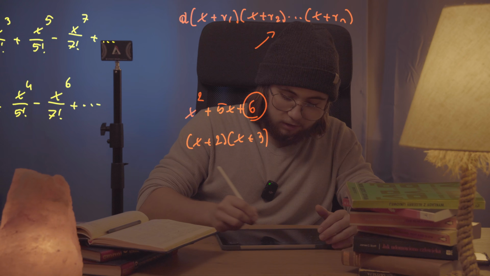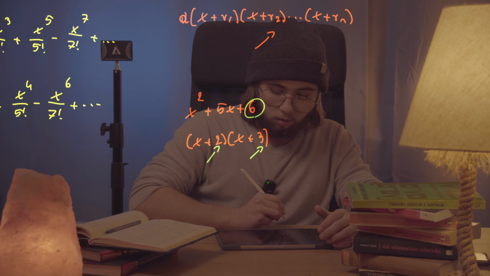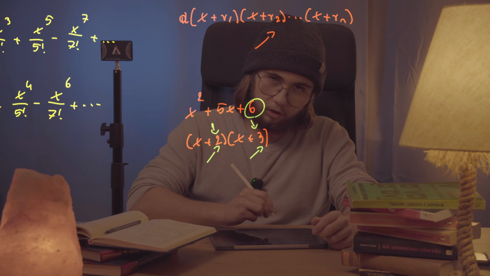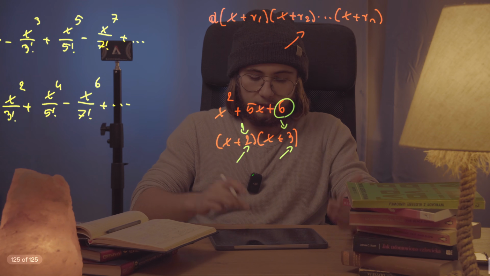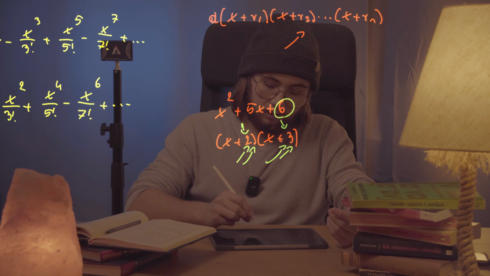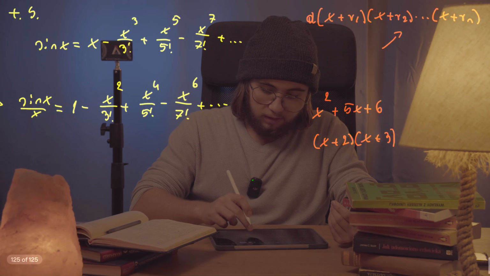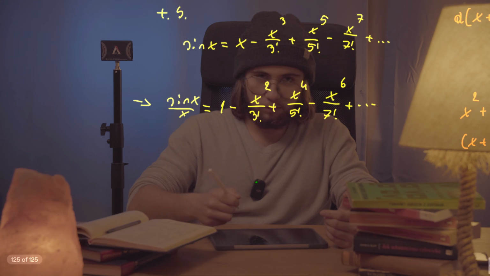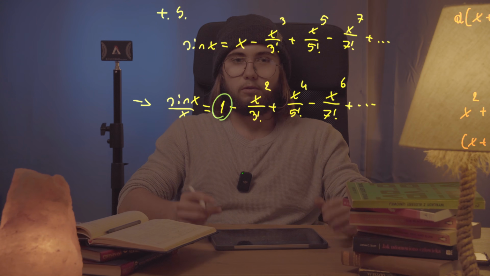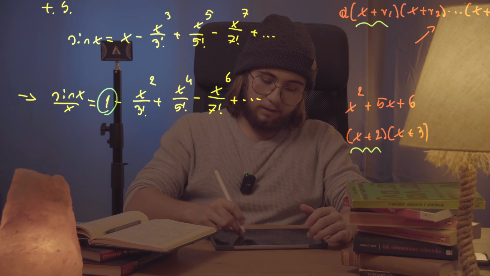And we see that the constant term here is the product of the constant terms inside of those binomials. It's pretty interesting, because in the Taylor expansion for sine x over x, the constant term is equal to 1. And so the product of all of those constant terms inside of those binomials is going to be equal to 1.